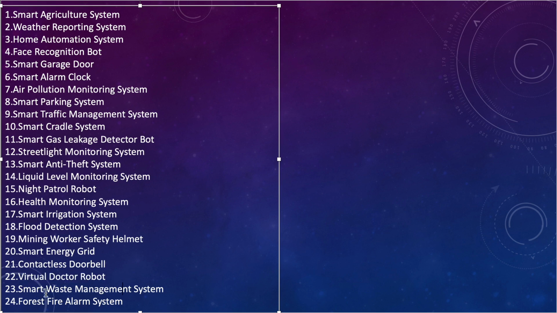Smart waste management systems, smart cities. Forest fire alarm systems, again in smart city, it could be a part of smart cities, or it's a smart city solution or a smart country solution, depending on the adaptation.